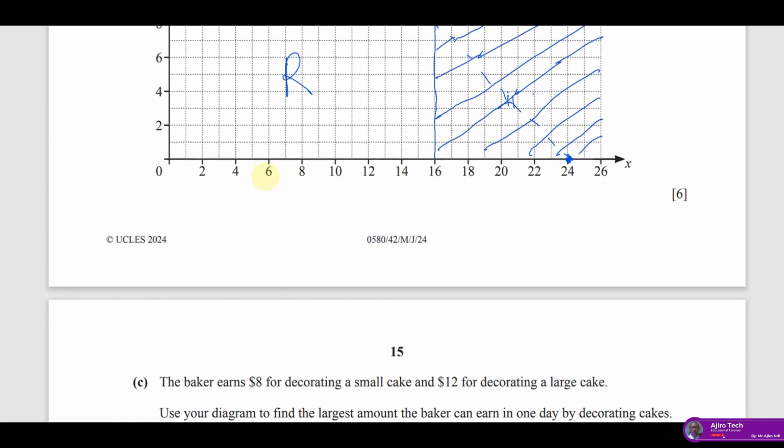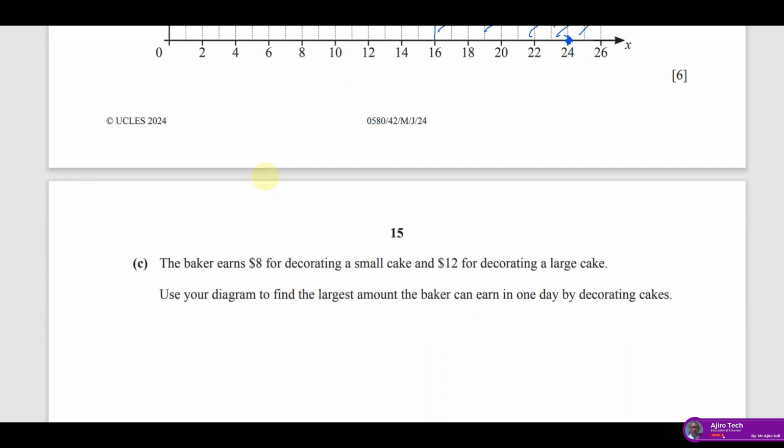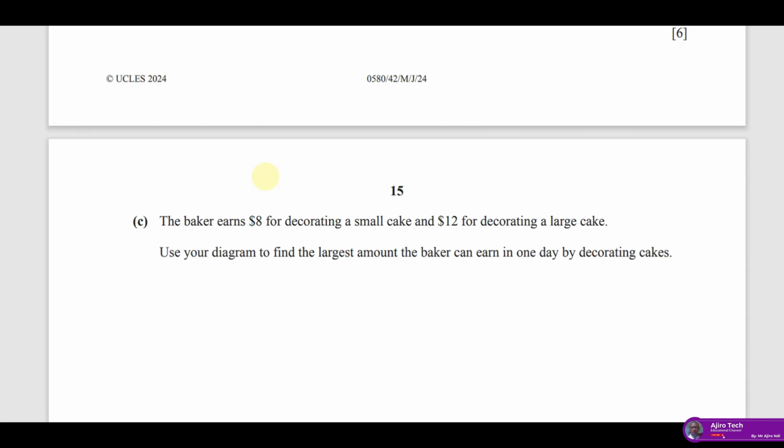So the next thing is Lika earns profits. Lika earns $8 for every small cake and $12 for every large cake. Now, this is the diagram to find the largest amount Lika can earn in one day by decorating cakes.